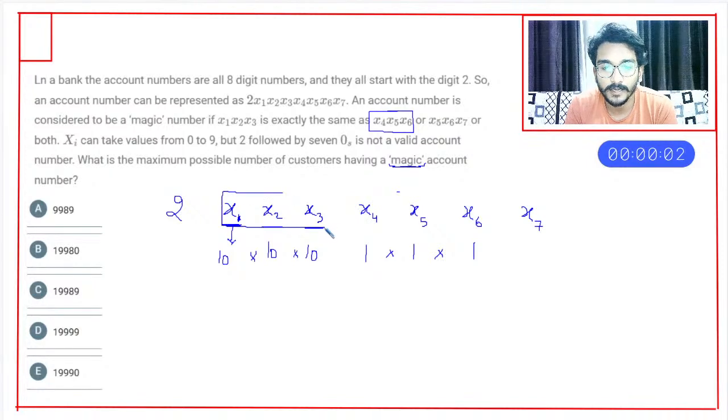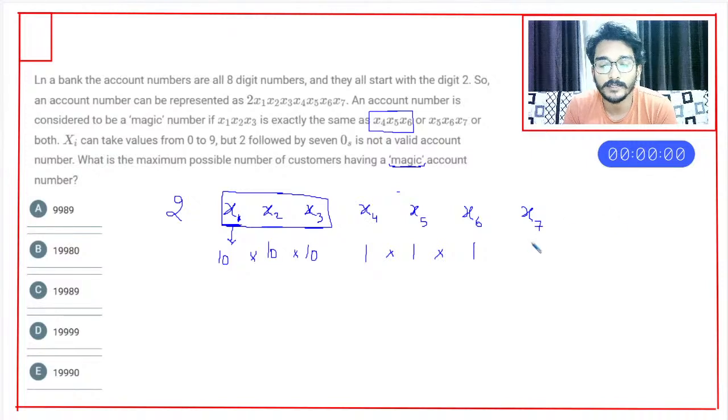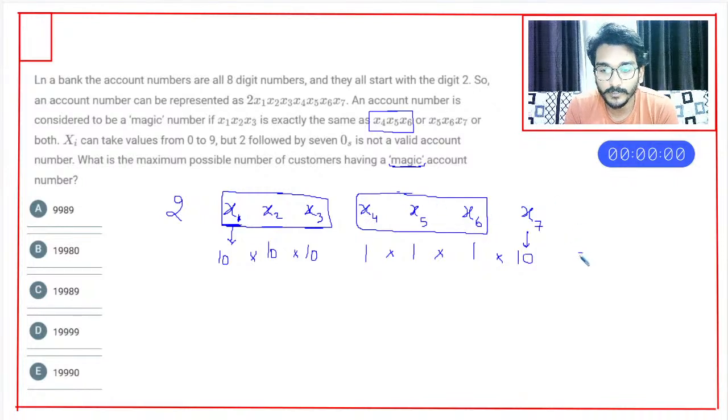Whatever I plug here, I have to make the same thing on this part. So the possibility here is 1, 1, 1. Now, what are the possibilities for x7? x7 is independent right now for me, so the possibilities here are 10. I'm just making the case of this part. So how many possibilities can I see? There are 10,000 possibilities.